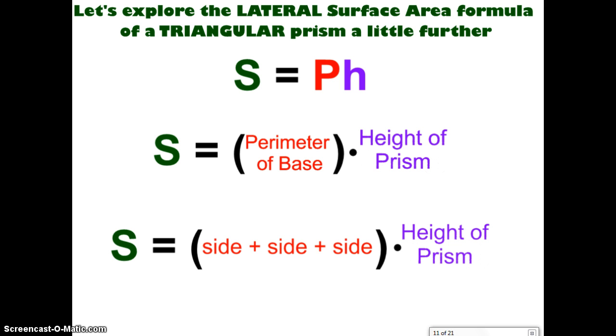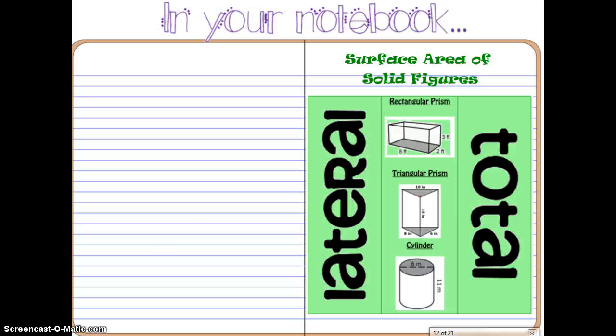Depending on the type of triangle, all three sides might be the same, two sides might be the same, or the three sides might be different. But in any case, you're going to add the three sides of the base and multiply it by how tall the prism is. Let's refer to your foldable.